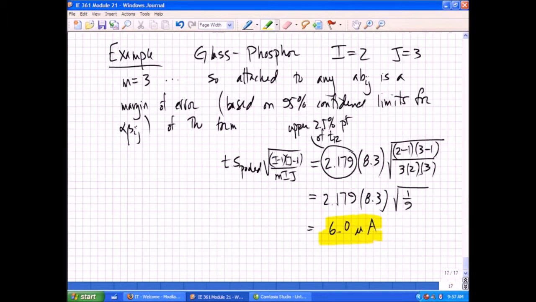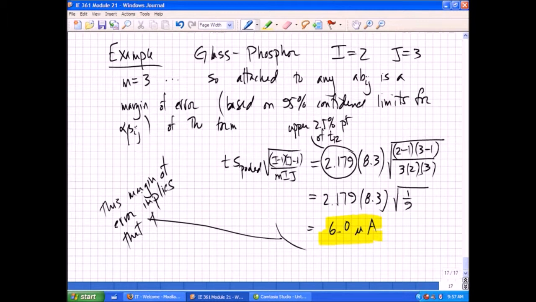So the point here is that this margin of error implies that the ABIJs are in the noise range.